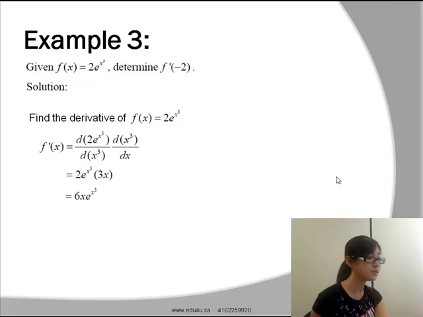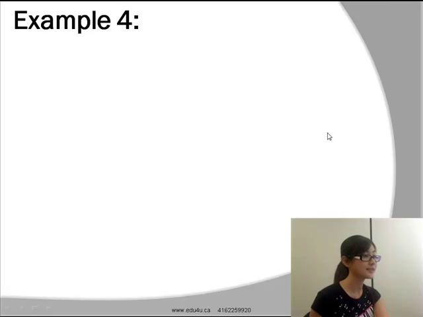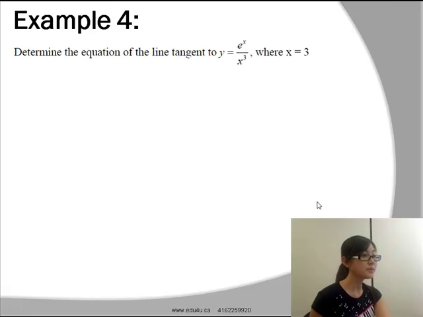We use the same method and we will get 6 times x squared times e to the power of x to the power of 3. Then we plug in -2 for every x there is, and we will get -12 times e to the power of -8.